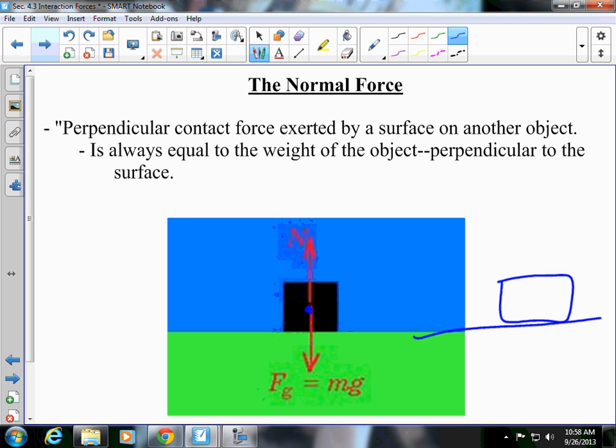There are two forces acting on that box. There's the force of gravity pushing downward, but then the surface is pushing upward, and that is the normal force. If an object is at rest and is not moving, not sinking, not doing anything, the normal force is equal to the force of gravity. And that will come into play when we start talking about forces.